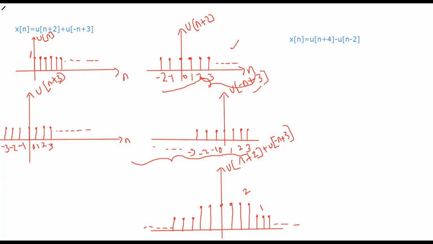We'll do this sum in sequence form. In sequence form, the arrow below the amplitude indicates the origin sample, isn't it?